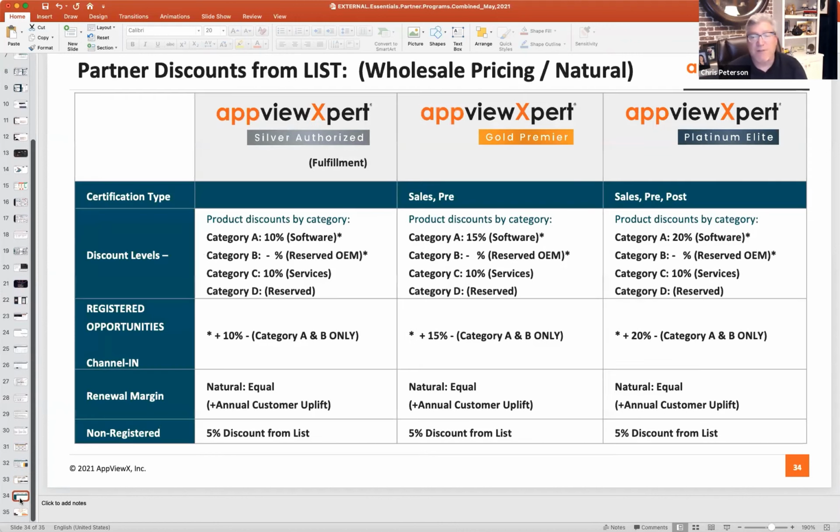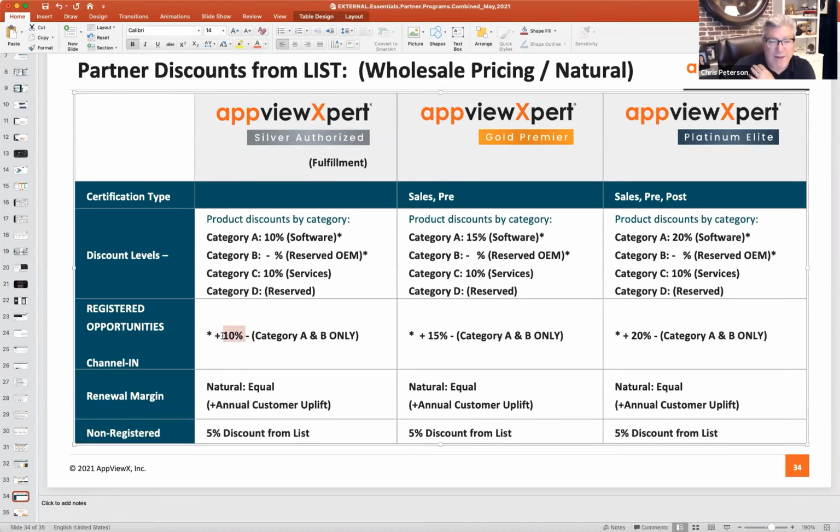Last couple of slides here, obviously we want to talk about discounts. So when you register an opportunity, you add this discount to the base discount. So if you're a gold partner and we brought you a deal, there's a 15% discount there for you relative to that opportunity.